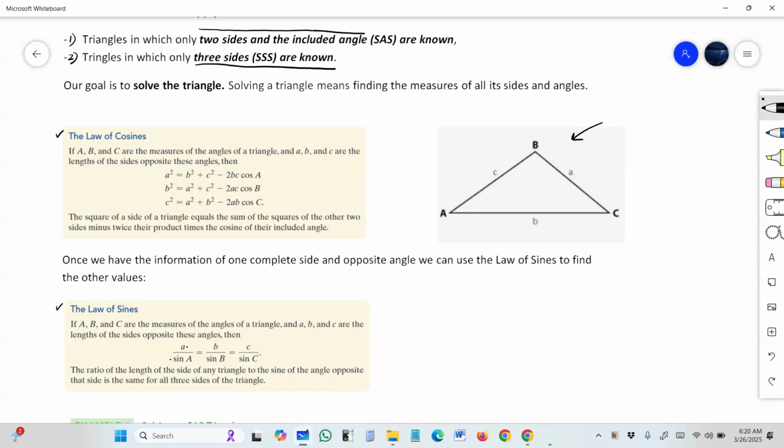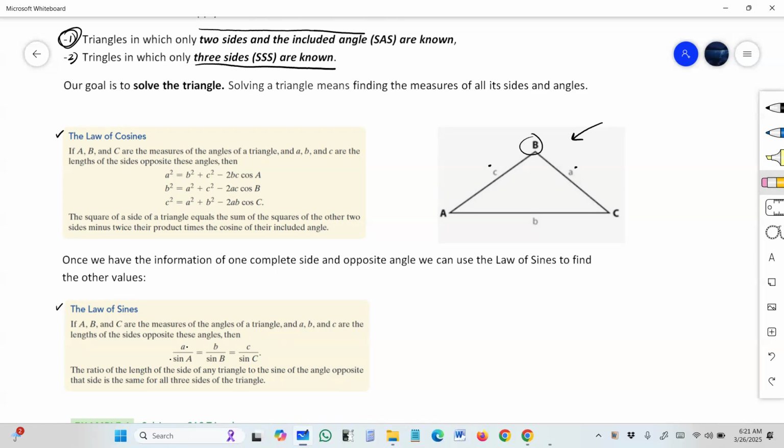Now, it so happens that sometimes, for example, take a look at my triangle picture here, we may have, let's say, this side, which is case one here. We may have side C, we may have side A, and then we may have angle B. All right, so in this situation, we cannot use the law of sines.